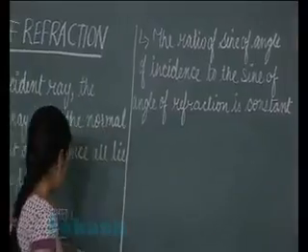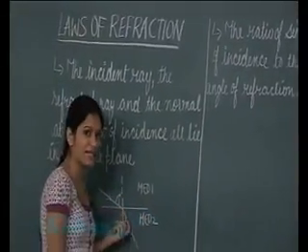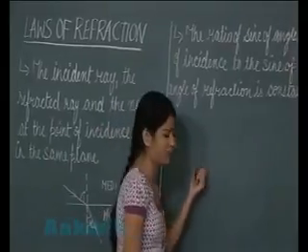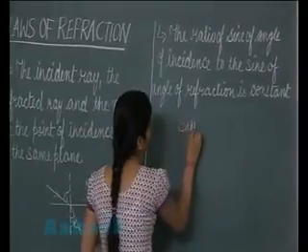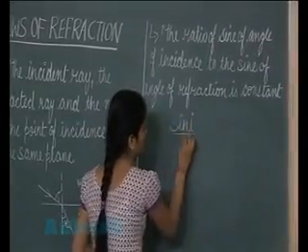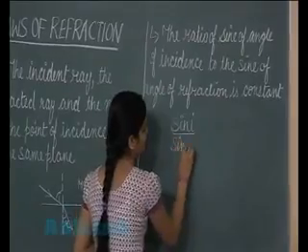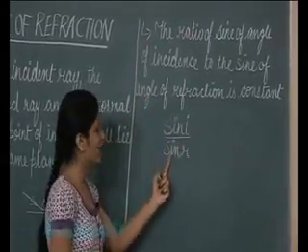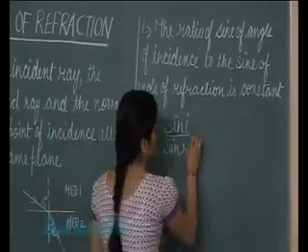Now students, I is the angle of incidence and r is the angle of refraction. So according to the second law of refraction, the ratio of sine of angle of incidence to the sine of angle of refraction is constant.